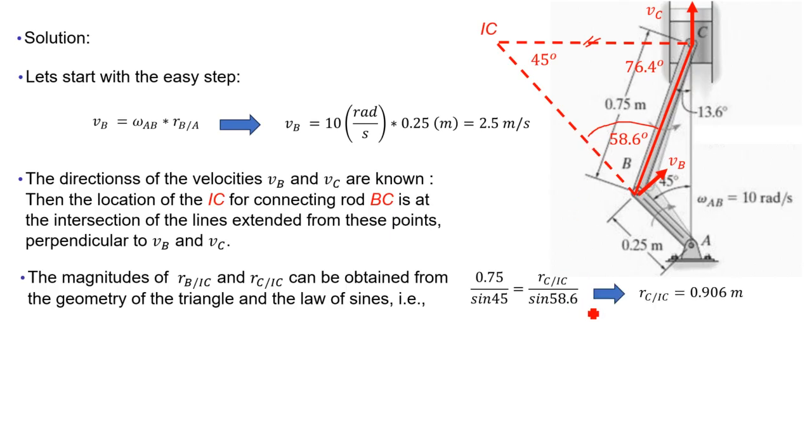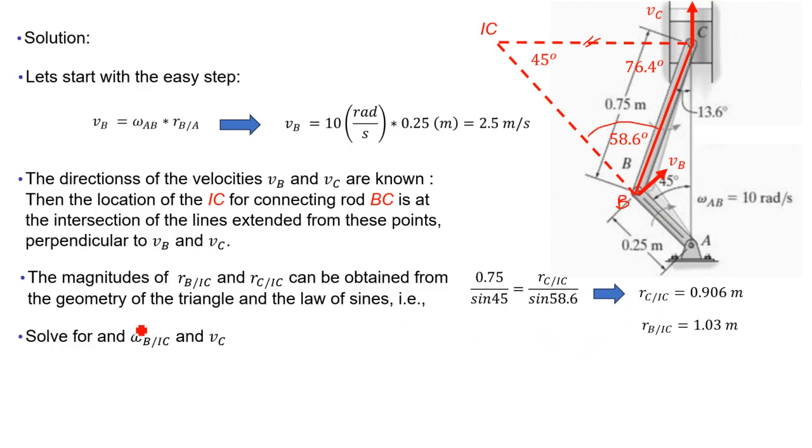By solving this one, I will get that the RCIC, that length, is going to be equal to 0.906 meters. If I repeat the same process for the link B to IC, I will find that the RBIC is going to be 1 meter and 3 centimeters. So now I have this length.